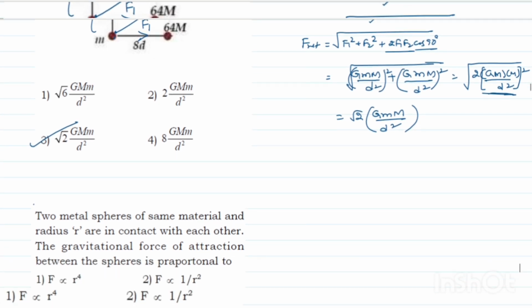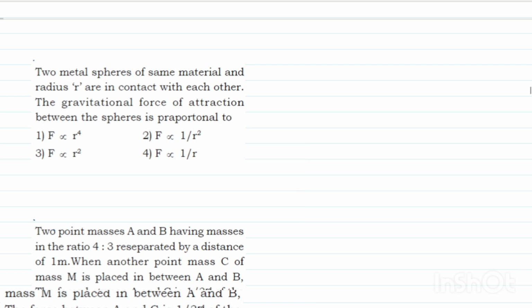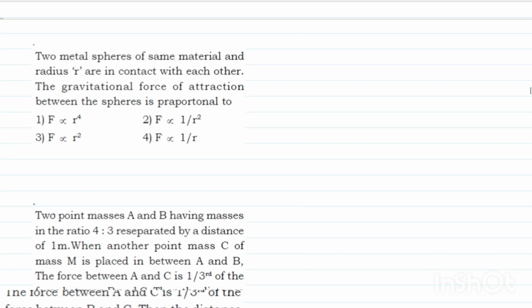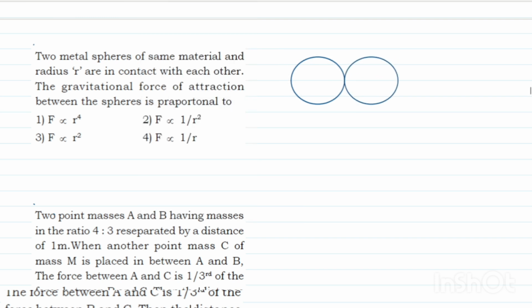Let us see the next question. Two metal spheres of the same material and radius are in contact with each other. The gravitational force of attraction between the spheres is proportional to what? Here two metal spheres are given, the radius is given as small r, and they are in contact.